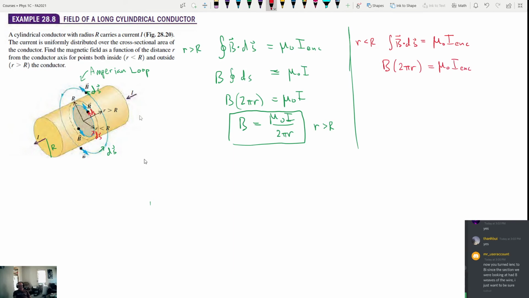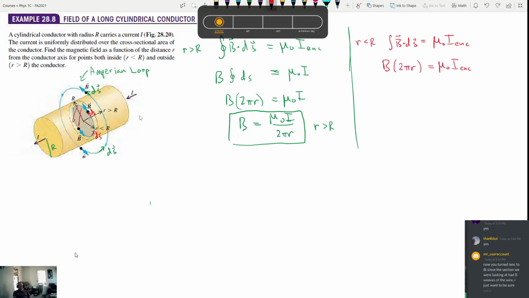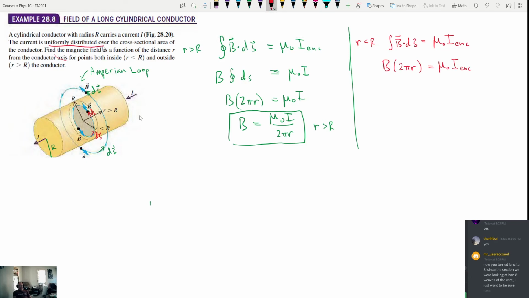Now, the current enclosed by our loop is no longer going to be the total current flowing through the wire, right? It's going to be some fraction of the current that's flowing through that wire, just the amount of current that's contained in here. If we look at the problem, it says the current is uniformly distributed over the cross-sectional area.